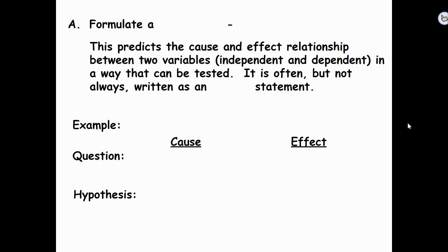All right, so scientific method, scientific inquiry. We have this information, we have this data that we have collected through our observations. And then we take that information and we try to make an educated guess about what's going on.